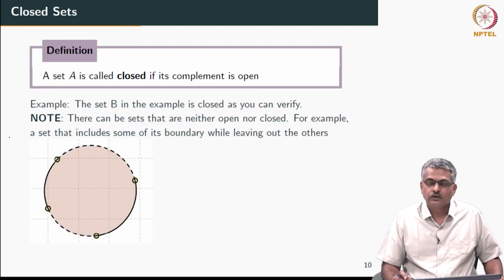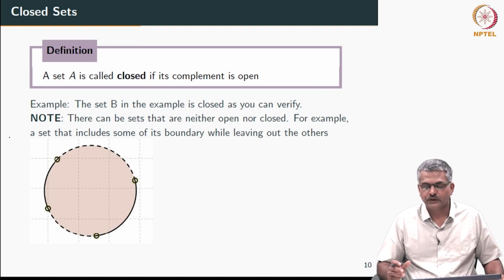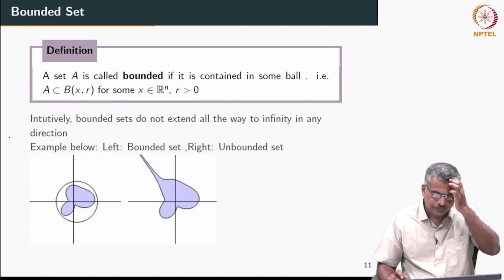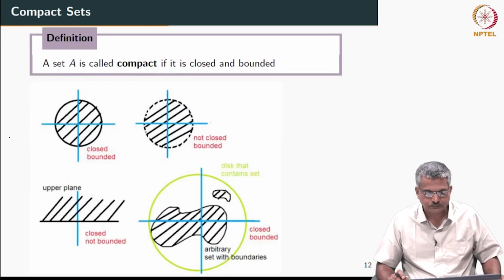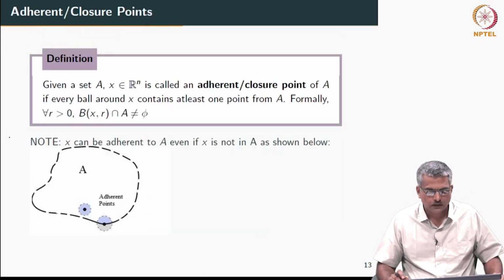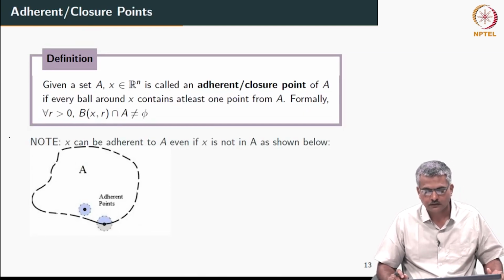One way of defining a closed set is that the complement of an open set is a closed set, but we want to do it from the basic definition. Given a set A, x in R^n, note that x need not belong to A, x is any point in R^n, is called an adherent point or a closure point of A if every ball around x contains at least one point of A.